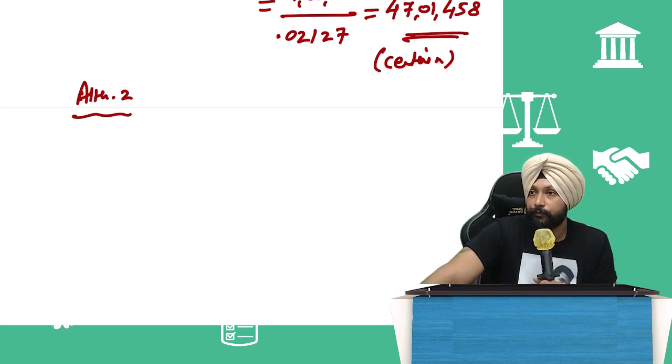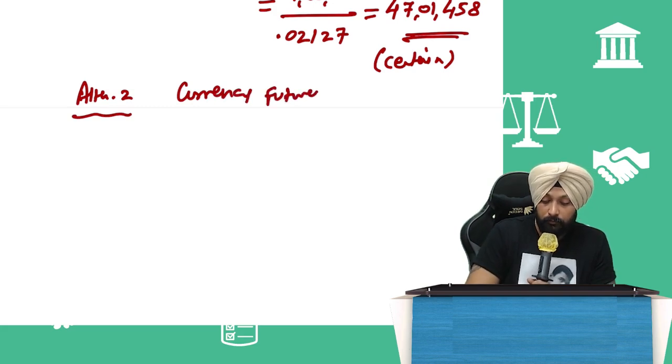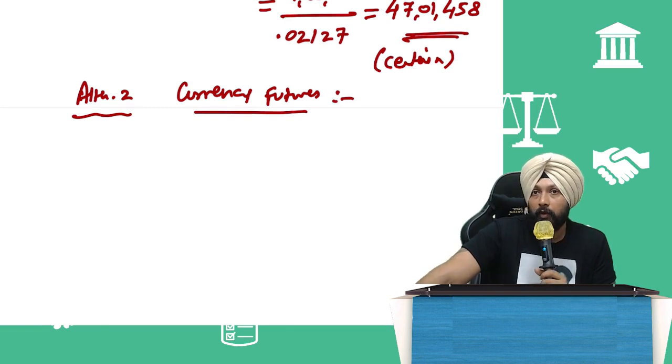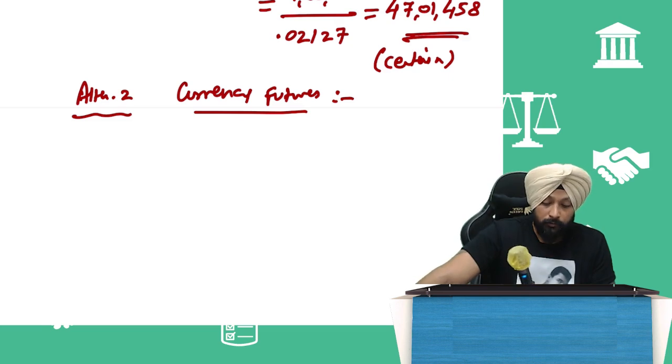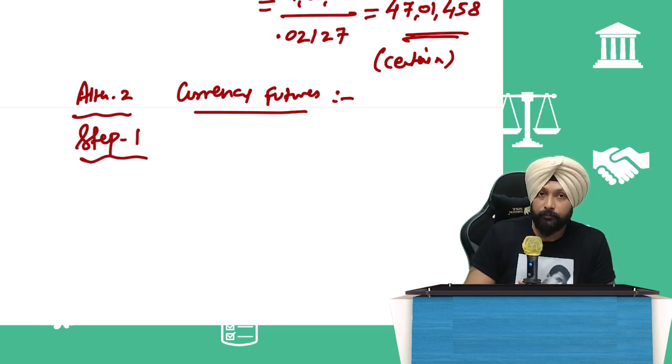Alternative 2, currency futures. Step 1. So what is the first thing we do? We decide what to do with the futures. Please write.